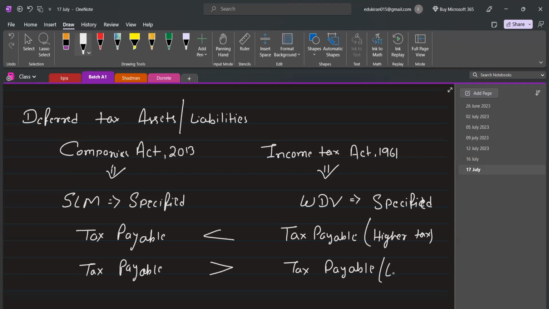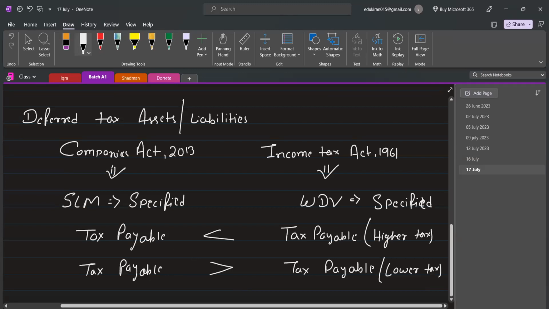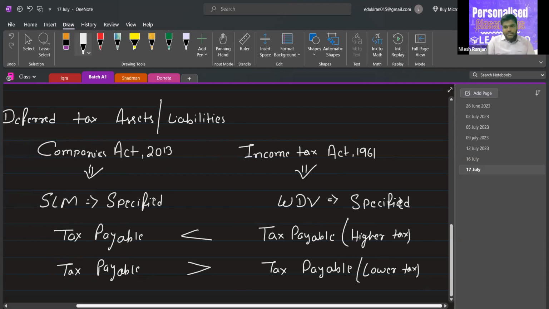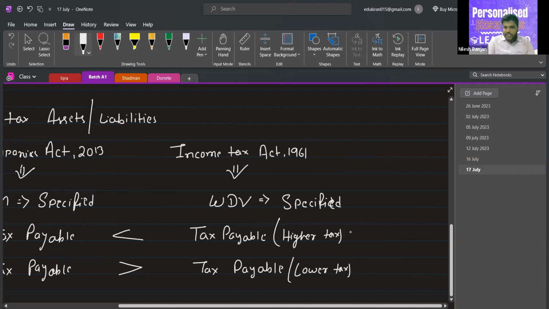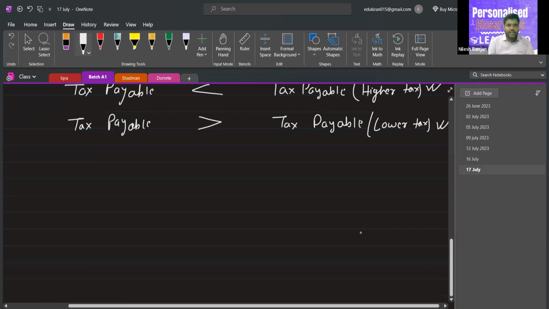And in the second case, you will pay lower tax than under the Companies Act. But this is applicable only in the beginning. This higher tax will be applicable only in the beginning, and this lower tax also only in the beginning. Now, you have to understand this by the example I'm writing here.